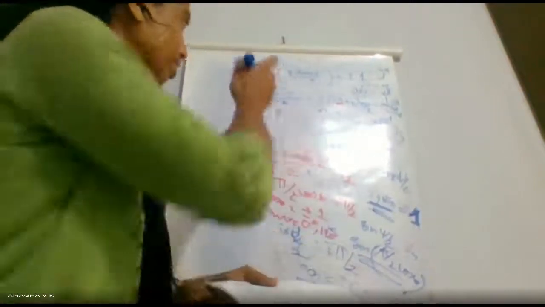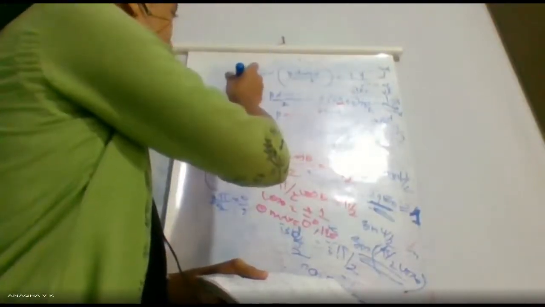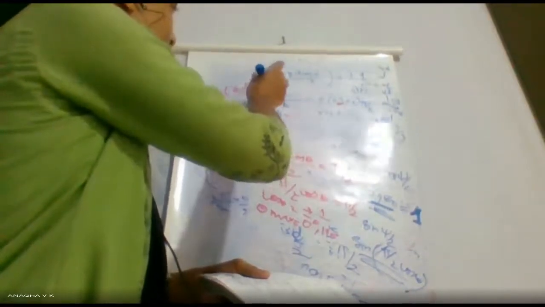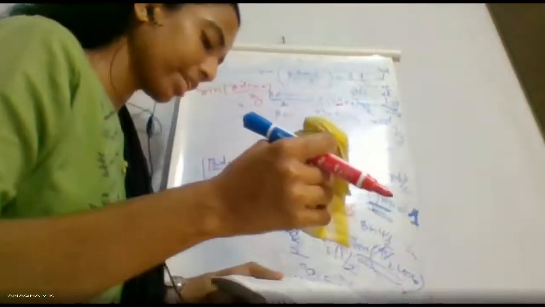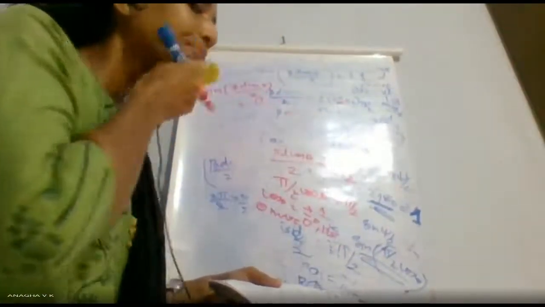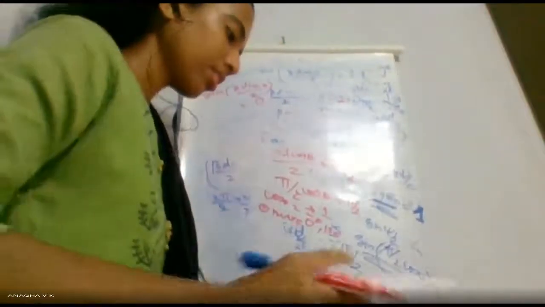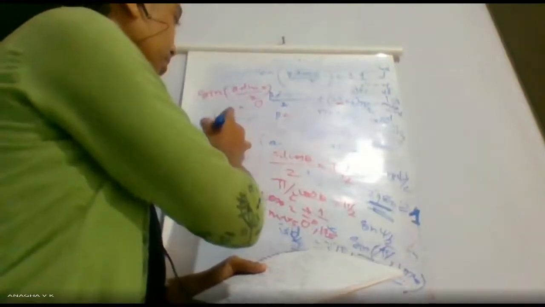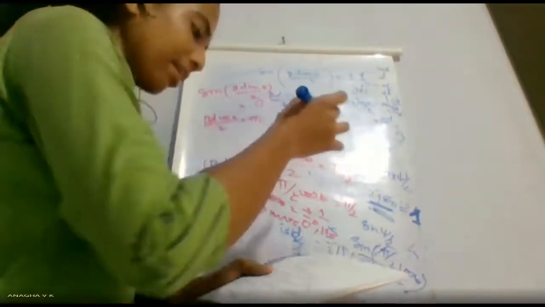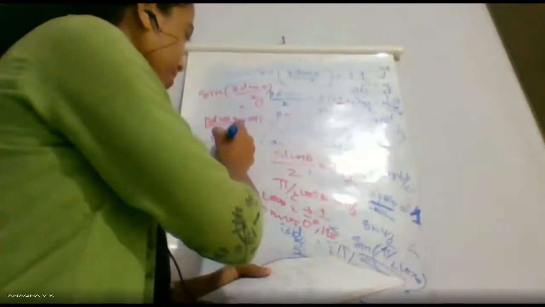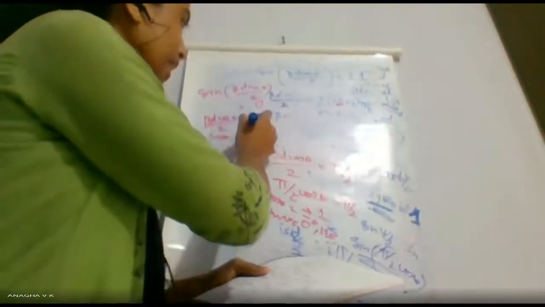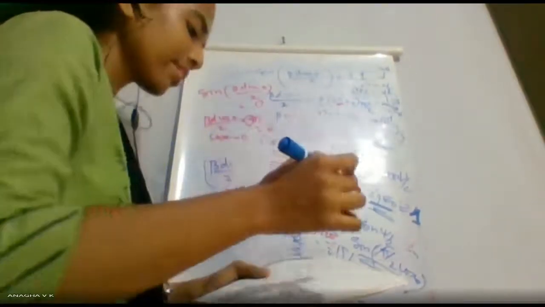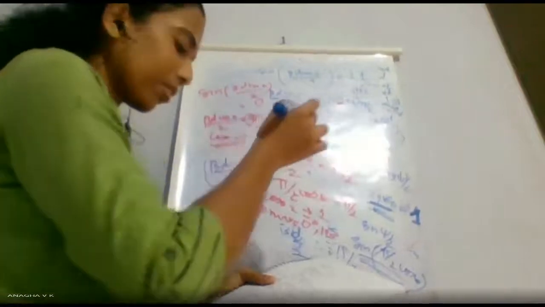Next is minima. Minima is sin of beta d cos theta by 2 equal to 0, so maxima is plus or minus 1 and minima is 0. So beta d cos theta by 2 equals n pi, and substituting n equal to 0, cos theta equals 0.